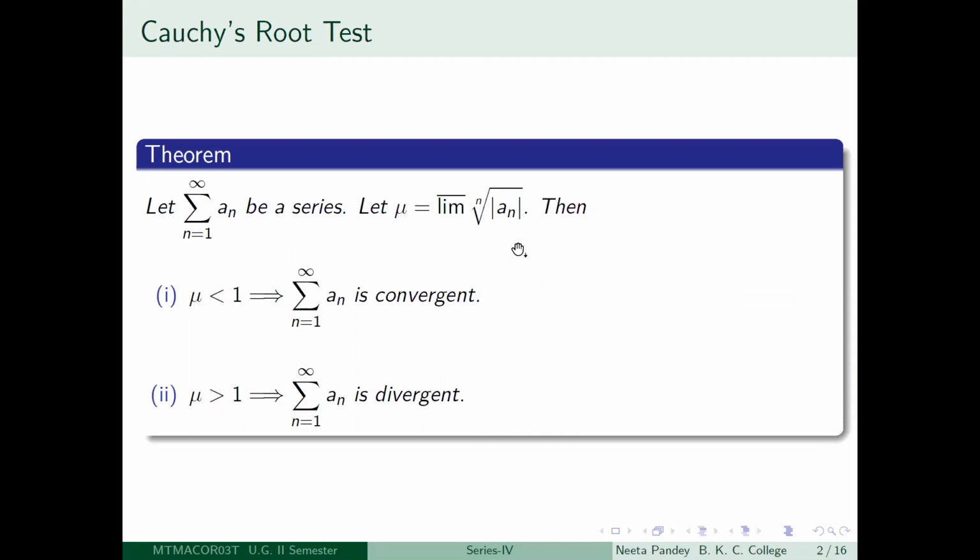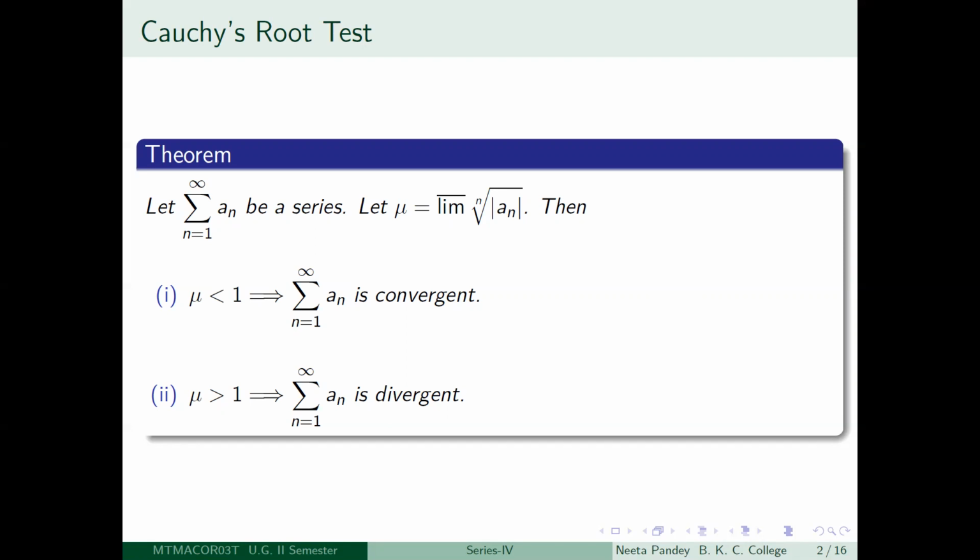So you can talk about its nth root, and the result is telling you that if mu is less than 1, then summation an is convergent, and if mu is greater than 1, then summation an is divergent. So let us first prove this result in its generality, and then we will make a few remarks, as in the case of ratio test, as to the specific situations which may arise.